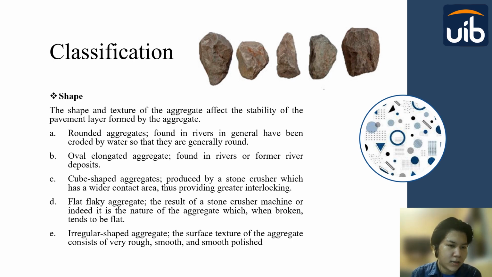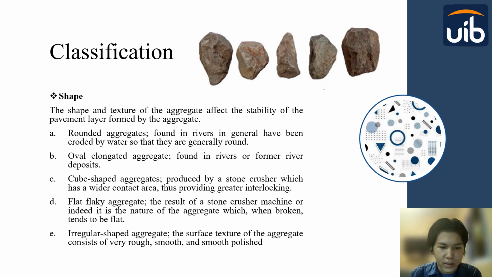The second one is oval elongated aggregate, found in rivers or former river deposits. The third one is cube-shaped aggregate, produced by a stone crusher, which has a wider contact area, thus providing greater interlocking.